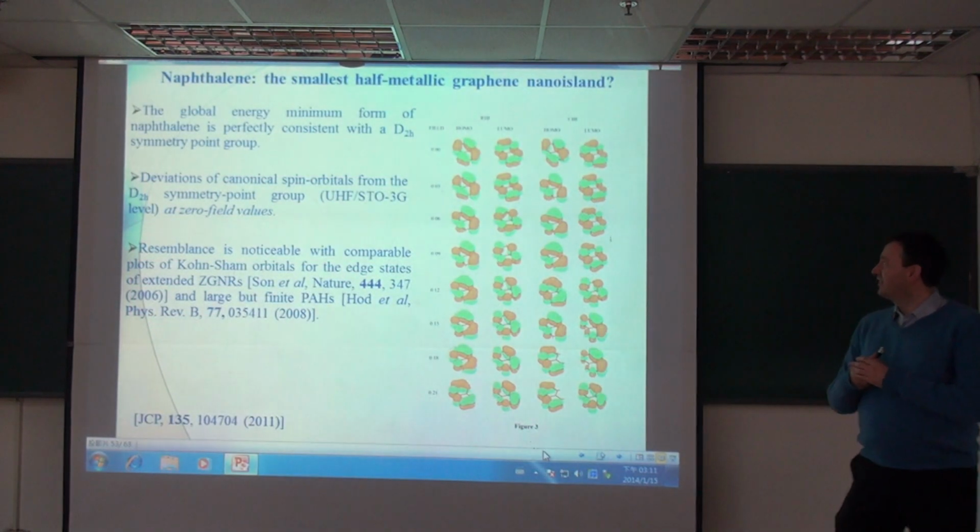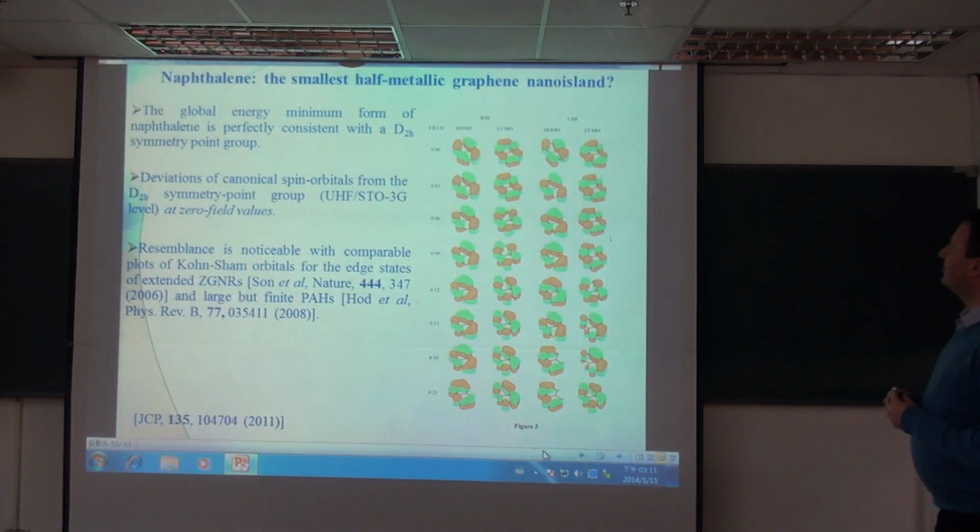Well, here I will take the example of naphthalene, just to show that if we do things in a really crazy way, then basically any system can be turned into a half-metallic graphene nanoisland. Naphthalene is well known to have a D2h symmetry group. And if you do calculations at the UHF level with the STO-3G basis set, you find deviations of canonical spin orbitals from this symmetry group.